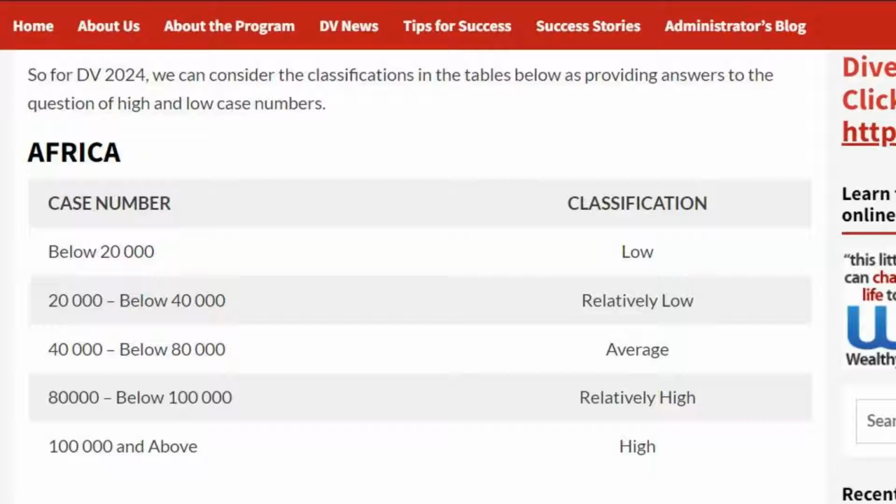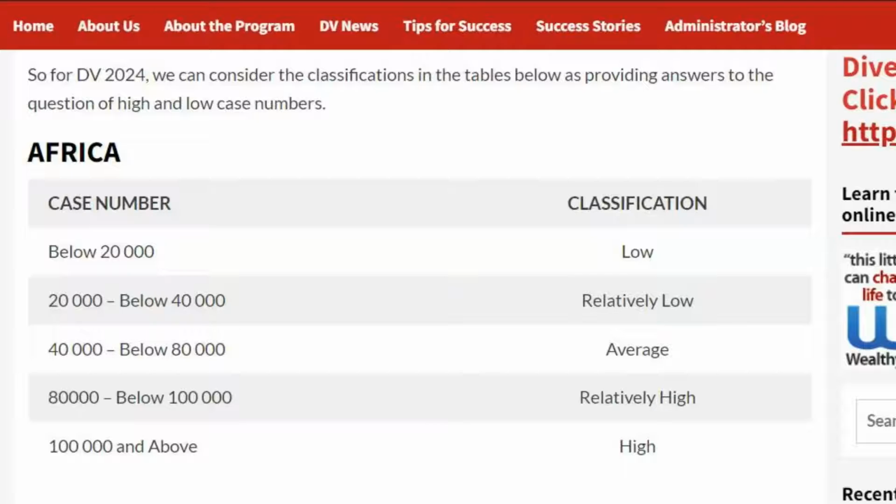So beginning with the Africa region, as you can see in this table, with a case number below 20,000, that case number can be considered as a low case number. In case your case number is from 20,000 to just below 40,000, that can be considered as a relatively low case number.